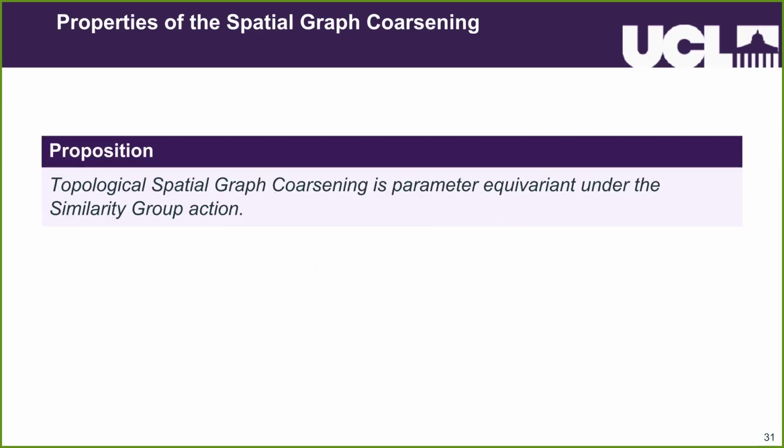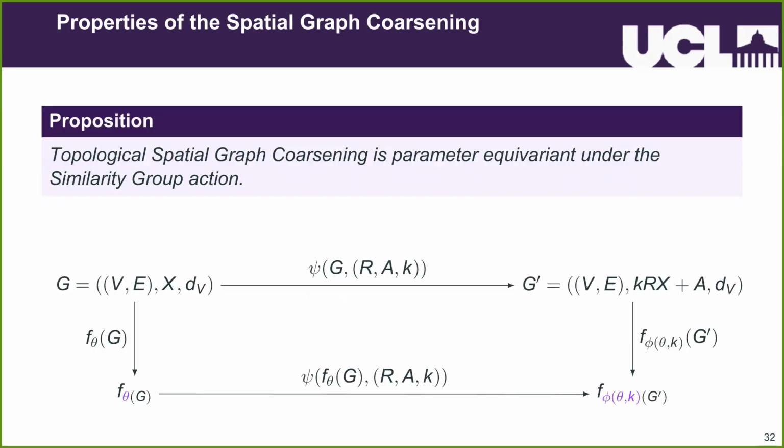The nice thing is that this topological spatial graph coarsening is what is called parameter equivariant under the similarity group action. I think it's much easier to look at it like this. If you start with the graph G, and then you apply your coarsening procedure to the graph G at the given scale theta, and again, this theta parameter, thanks to this score function, is automatically computed.